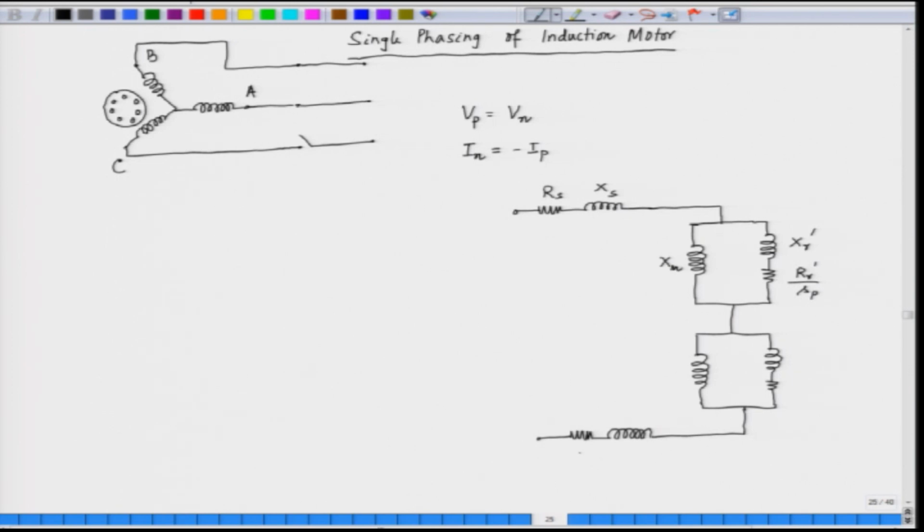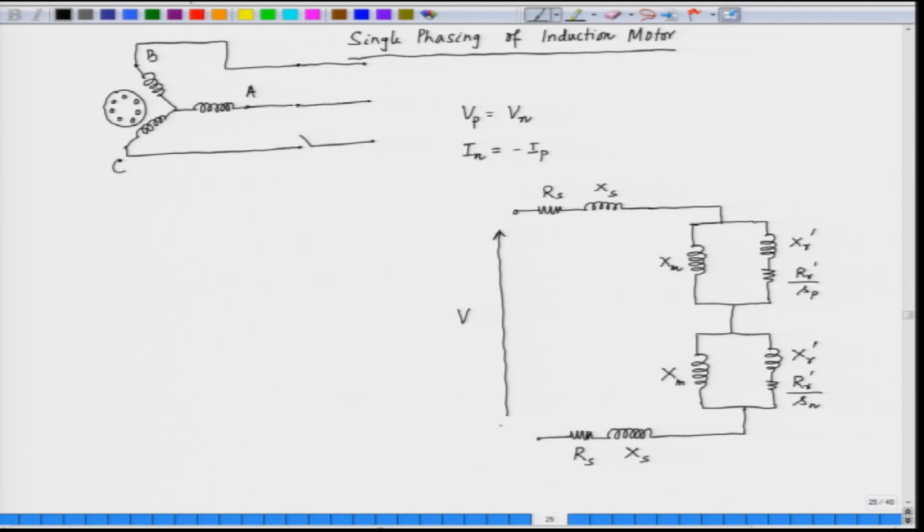Then we have a negative sequence circuit which will be connected in series, with the stator resistance and reactance, the magnetizing reactance, the rotor reactance Xr prime, and the rotor resistance divided by the negative sequence slip. The voltage applied here is a voltage which we can calculate.